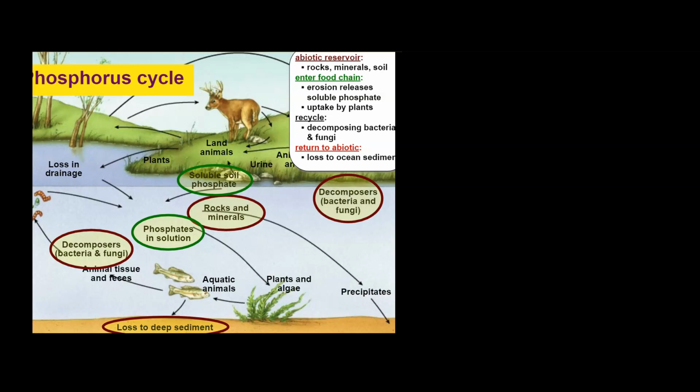We will also have phosphorus enter the food cycle through the uptake by plants of phosphorus, because that is something that plants need. And decomposing bacteria and fungi are going to be responsible for recycling phosphorus.